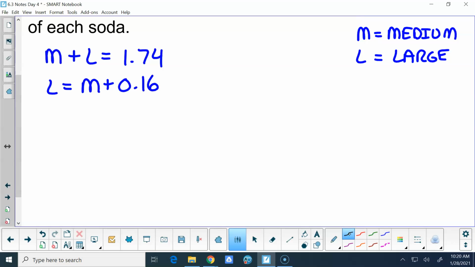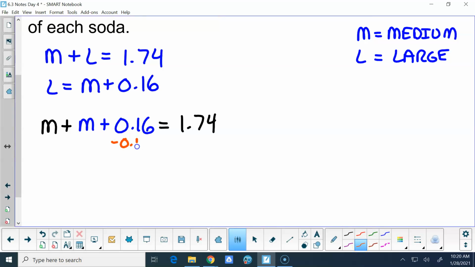So medium plus medium plus 16 cents is $1.74. So that's medium cost $0.79.